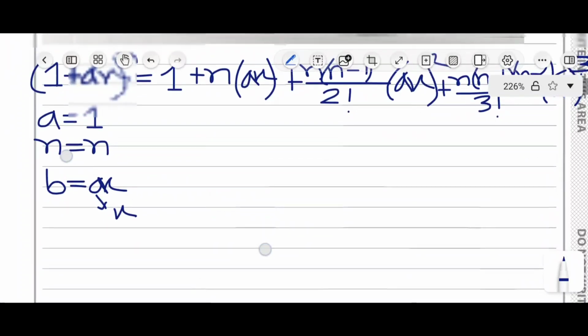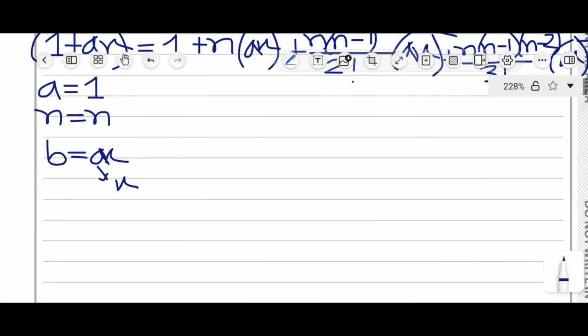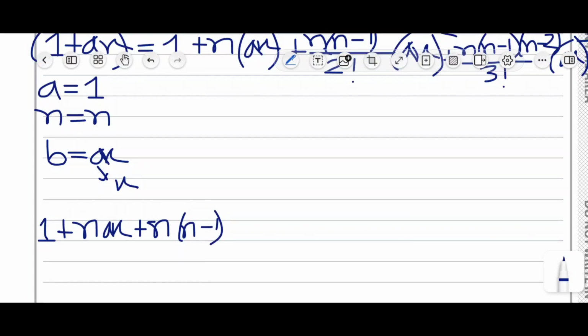Okay, now expand this first. Two factorial is 2 basically.